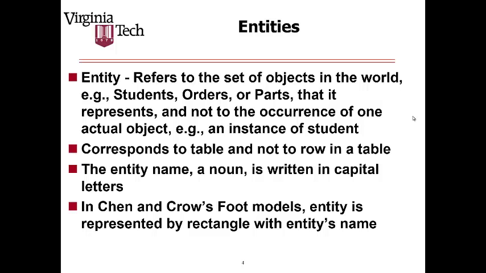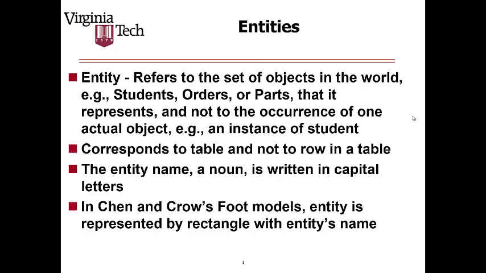There are orders, customers, invoices, students, and so that is what an entity represents. And so an entity consists of instances of that entity, and it matches up exactly to the idea of a table. The instance of an entity is the row of a table.